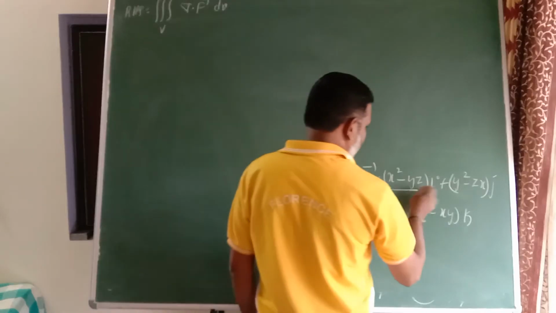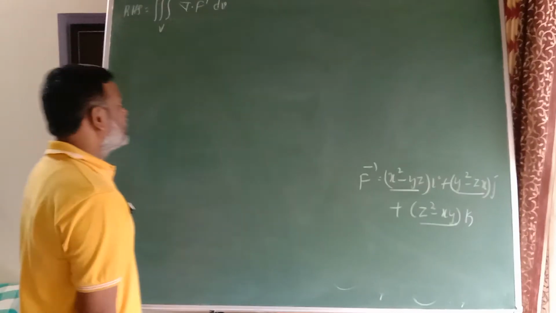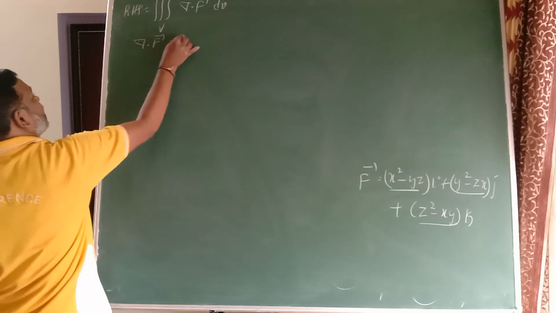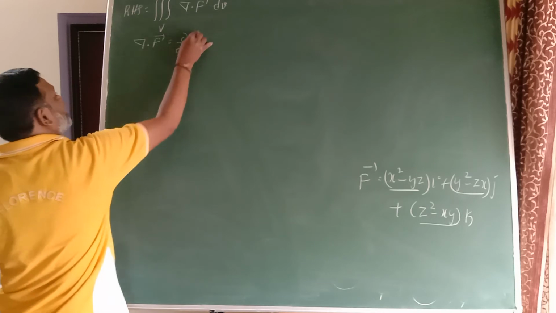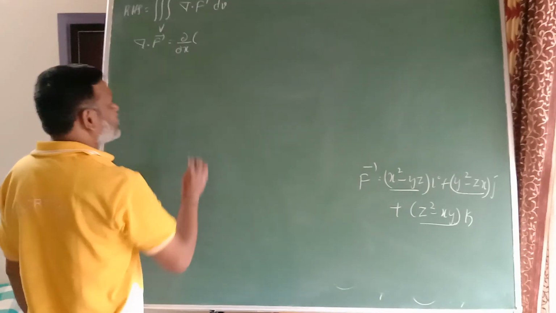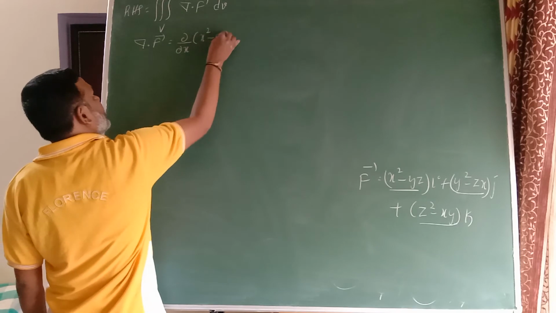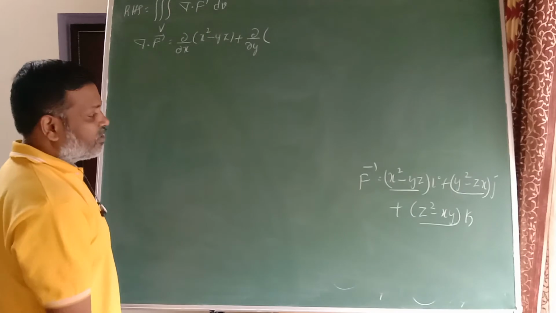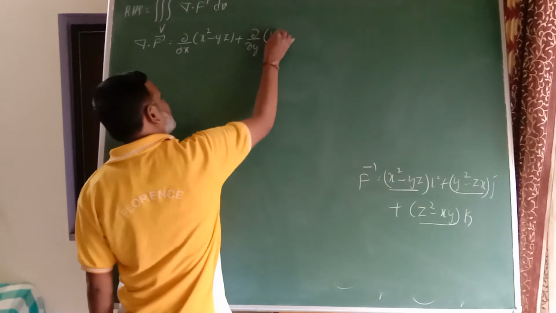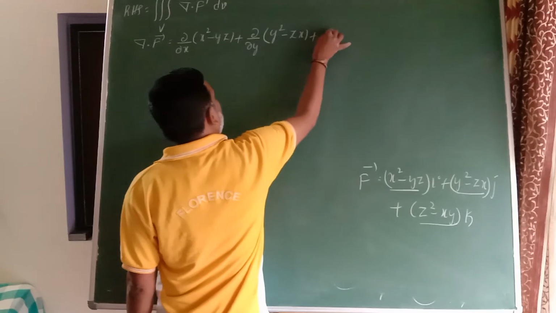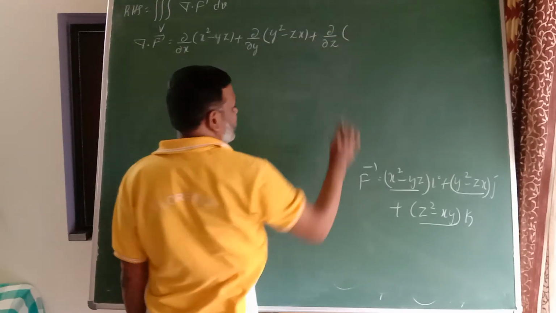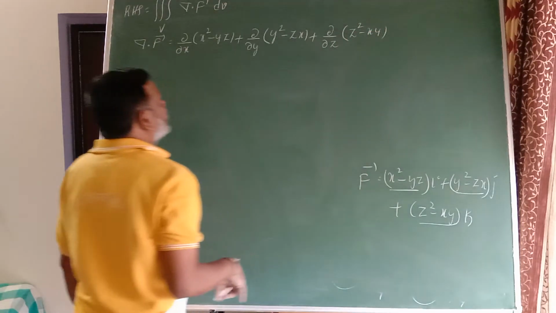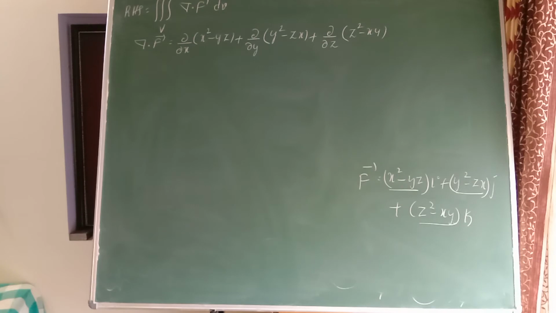This is the first function, second function and third function in F. So del dot F can be written as dou by dou x of the first function, x square minus yz, plus dou by dou y of the second function, y square minus zx, plus dou by dou z of the third function, z square minus xy.